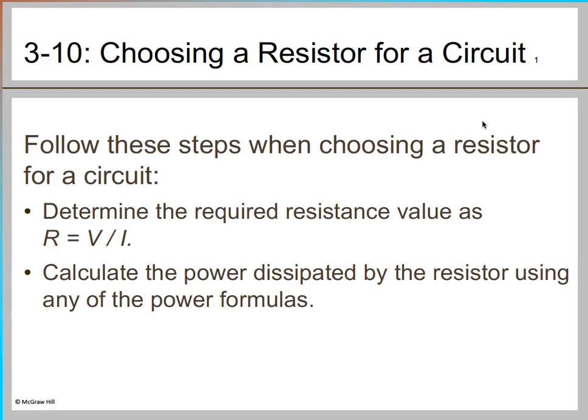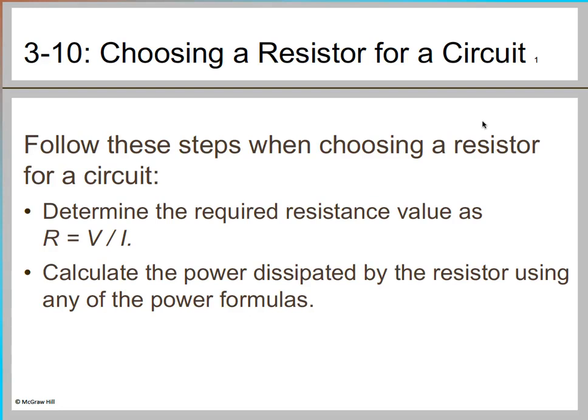So the first step is to determine the required resistance value, and you can determine that by using Ohm's law. So this is R equals V by I, where R is your resistance, V is the voltage, and I is the current. If you know these two values, you can determine the value of the resistance, and then calculate the power dissipated by that resistance using any of the power formulas.